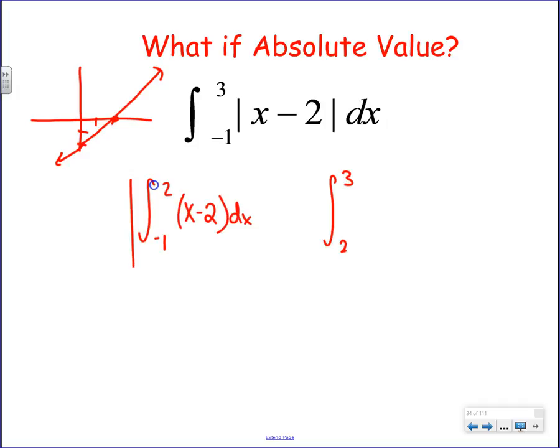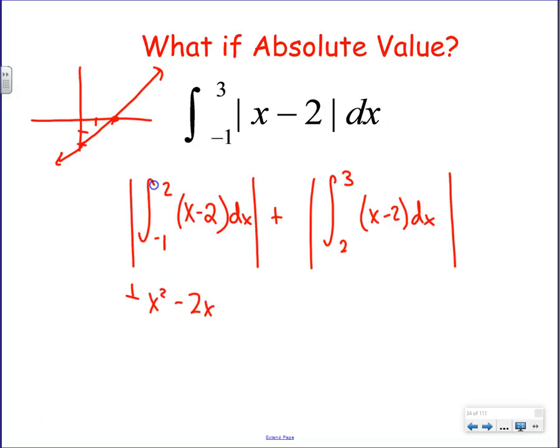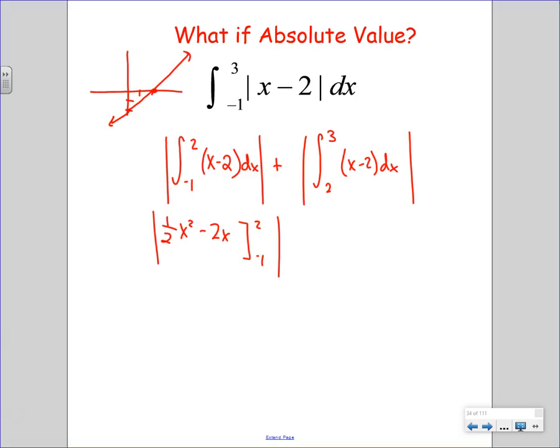Remember how we do it without pictures? Because you guys know some of the pictures get nasty. I'm just solving. Don't do anything with the absolute value until you finish solving each of the integrals separately. The absolute value is for the very end before you add.